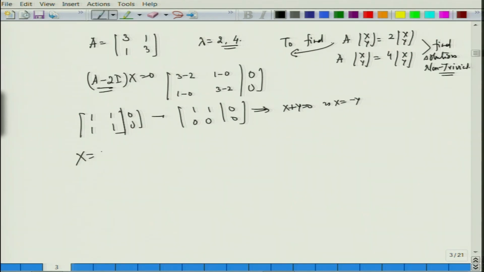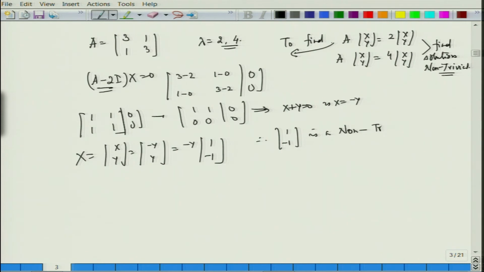So my capital X, which is (x, y), is (minus y, y). Taking minus y outside, I get (1, minus 1). Therefore (1, minus 1) is a non-trivial solution of Ax equal to 2x, because I used 2 here to get my answers.